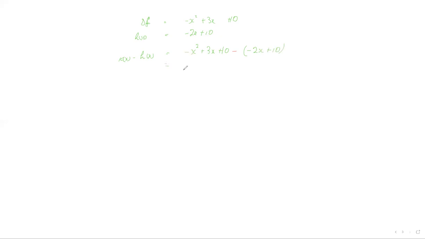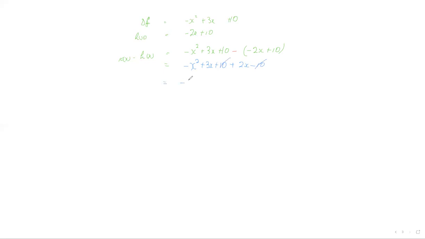This will give us -x² + 3x + 10 + 2x - 10.